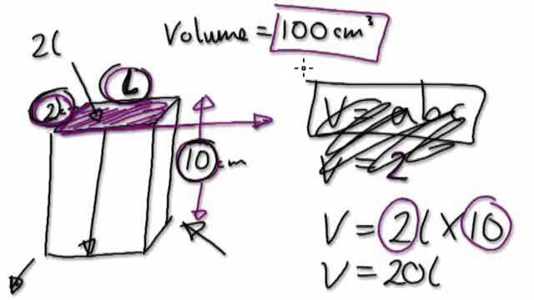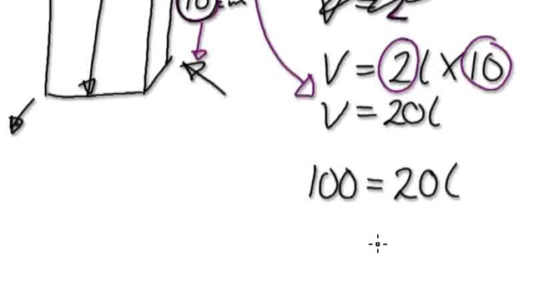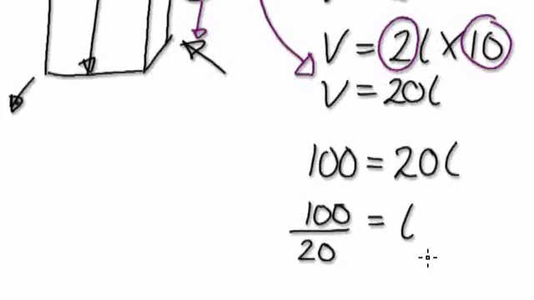But because we are told that the amount of chocolate we're selling is 100, we know what V is. So put the 100 into this V here. This is 20L, and then divide both sides by 20 in order to get L to stand on its own. So take the 100 down, divided by 20. That will leave you L.